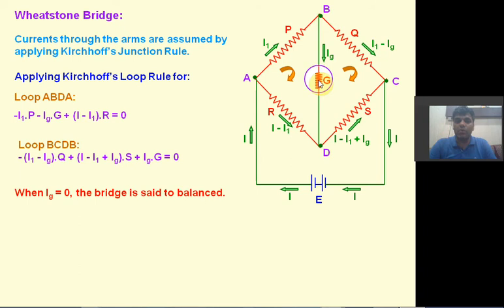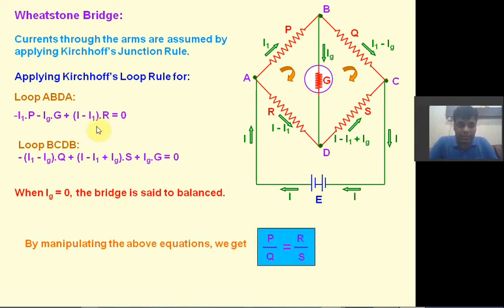That means there is no potential drop across the galvanometer, so no current flows there. So Ig is taken as 0, and we put Ig equal to 0 into these two equations. We have minus I1 into P, this part goes to 0, and then this is I minus I1 into R.